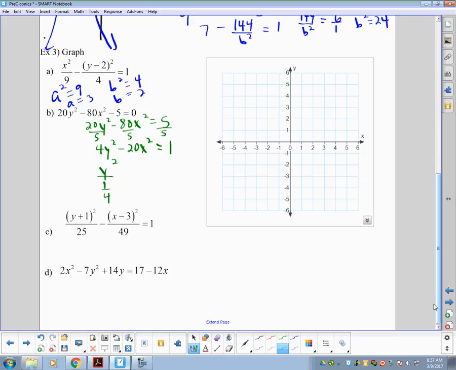Think about it for a minute. If I wanted to take y² and divide it by a fraction 1/4, that's equivalent to multiplying it by the reciprocal 4/1. So if you have coefficients in front of these, it becomes the reciprocal of it below. So now it's in the right form.